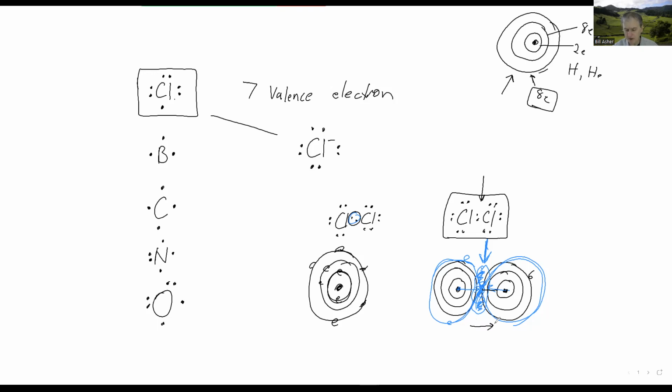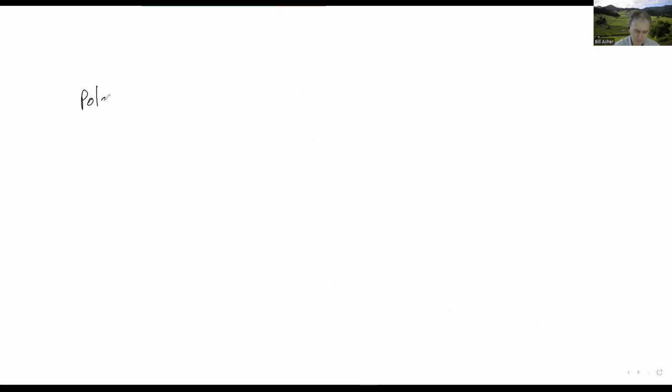And when that happens, there's a polarity of the bond, that one of the atoms becomes slightly positively charged and the other becomes slightly negatively charged. And we call that polarity, right? And you can tell what bonds will be polar and what bonds will not be polar by looking at something called electronegativity.